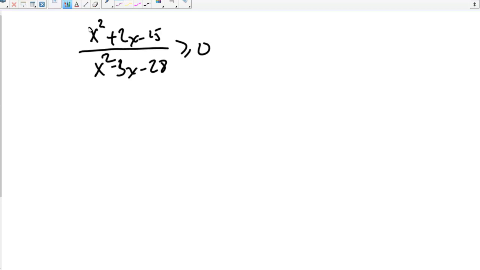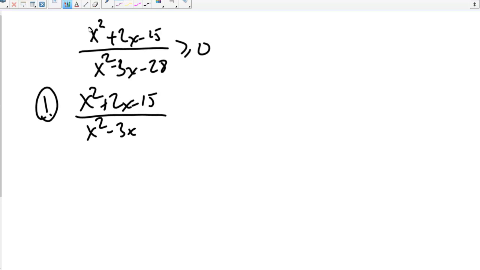So let's look at where the function can change sign. And we see the first two cases happen in this problem here. First, when is the function equal to 0? Well, in this case, we have a fraction. We set that equal to 0.